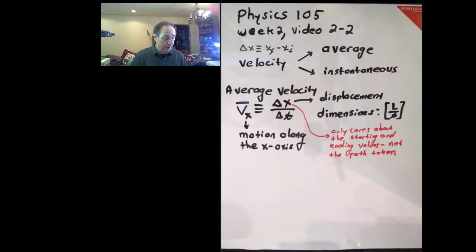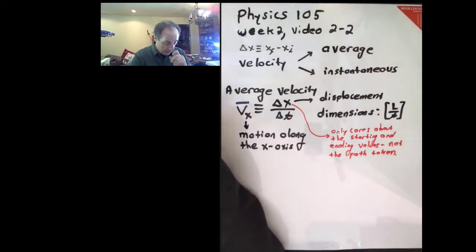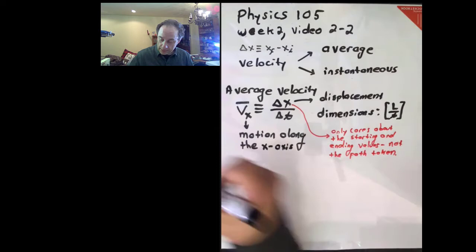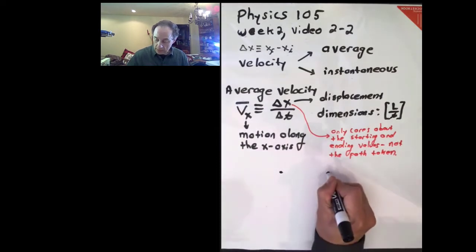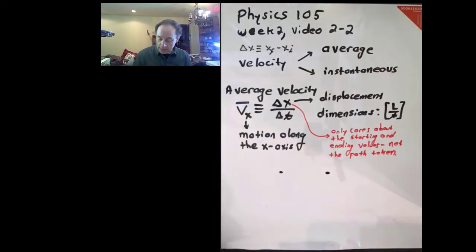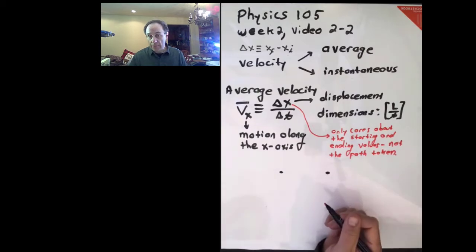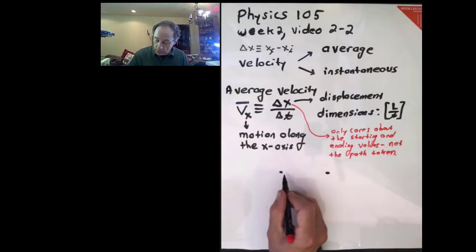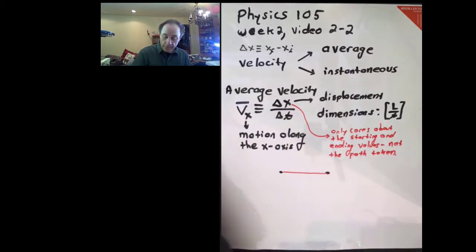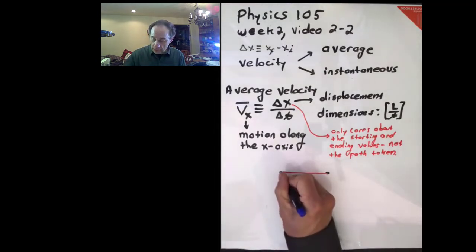Okay, it does not matter. So if you go from here to here in the same amount of time, you're going to end up with the same average velocity if you do this or if you do this.